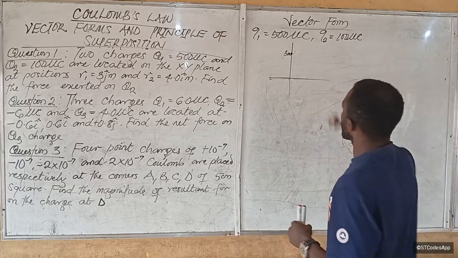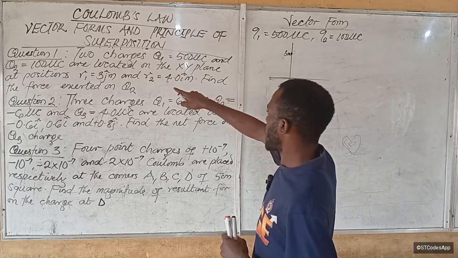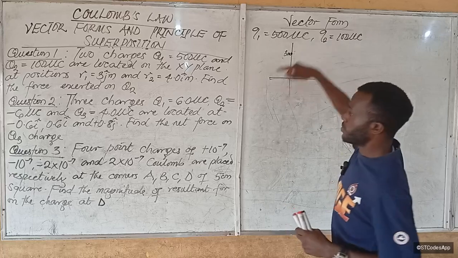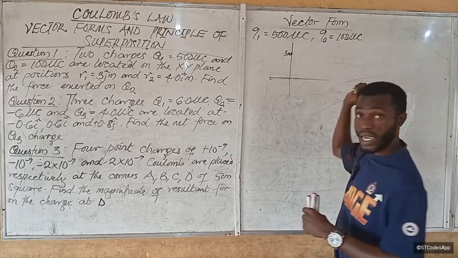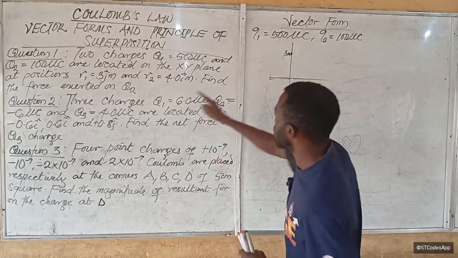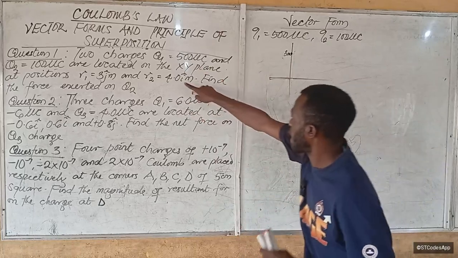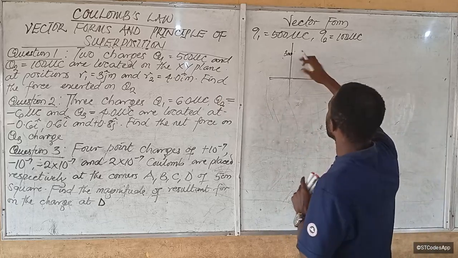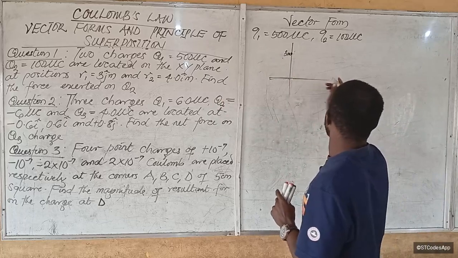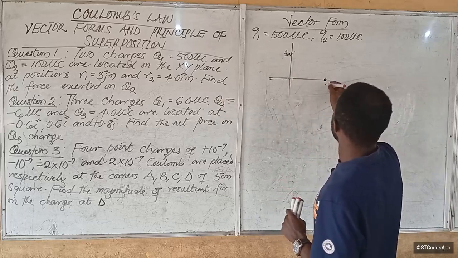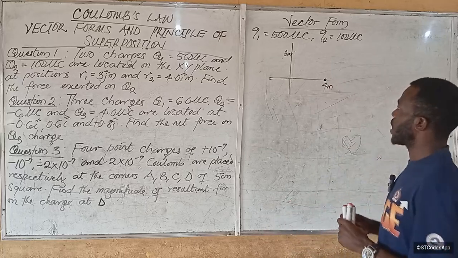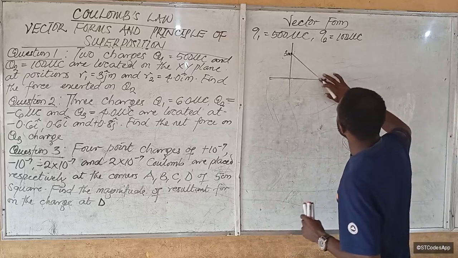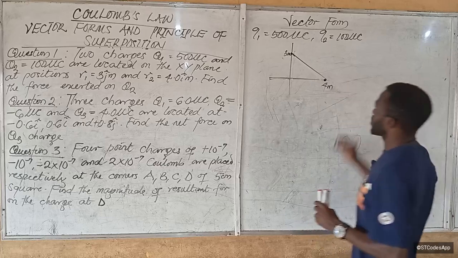And our R2 is at position 4i, because j is the y-axis, I already said that, and i is the x-axis. So 4 meters, if this 3 should be longer, maybe around here. I hope this is clear. So our charges are going to be connected by this line. You understand?